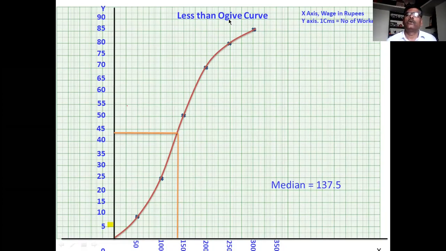Before this, you have to calculate the nth item, n divided by 2, which is 43. This 43 is to be calculated well in advance. This is called the less than ogive curve.